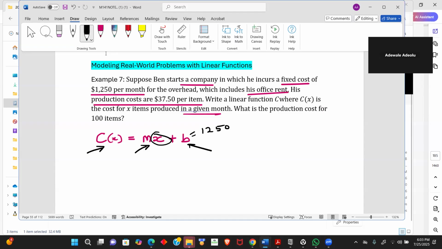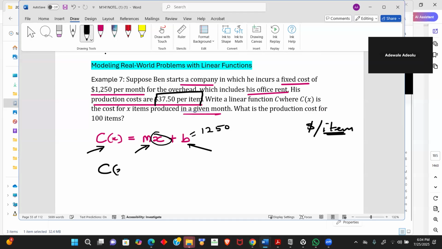Do we know m? Remember how I explained change the other time, rate of change per unit item. In this case now, per item, Ben is going to be spending $37.50 per item. Look at that, dollars per item. Rate of change per one item is spending 37.50.